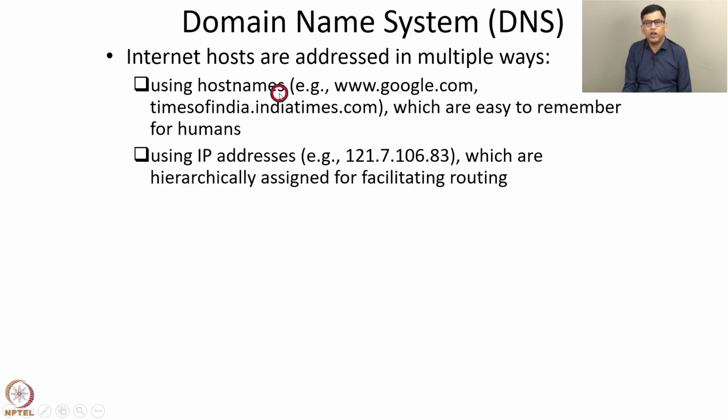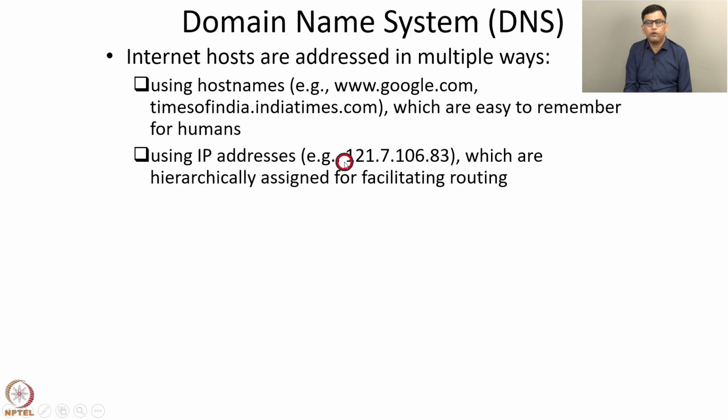So internet hosts are addressed in multiple ways. One kind of address for an internet host is a host name, such as www.google.com or timesofindia.indiatimes.com. These are names which are easy to remember by humans. Internet hosts are also addressed by IP addresses such as 121.7.106.83, which are useful for machines, and they are hierarchically assigned for facilitating routing.